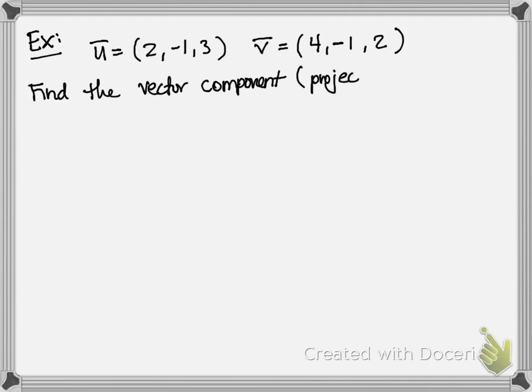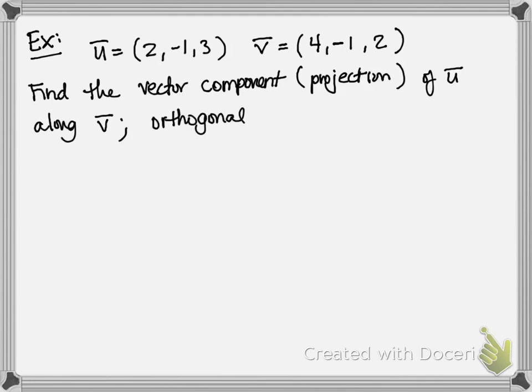Sometimes you'll see this written as projection of U along V. And then we'll find the orthogonal component of U, maybe I should say the component of U orthogonal to V.